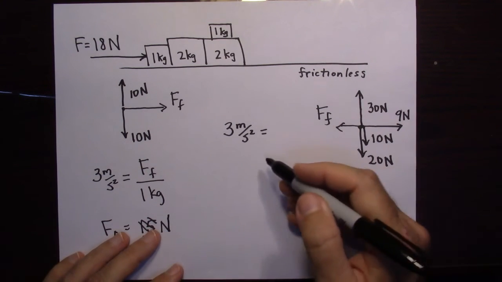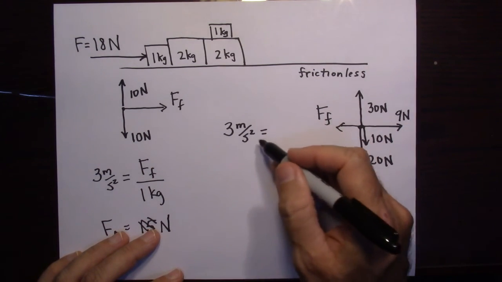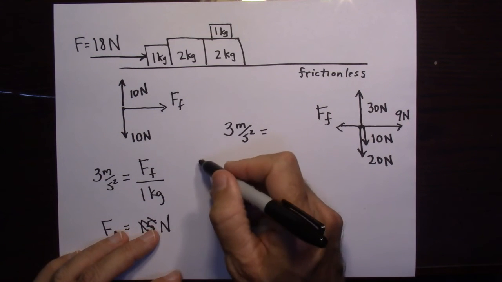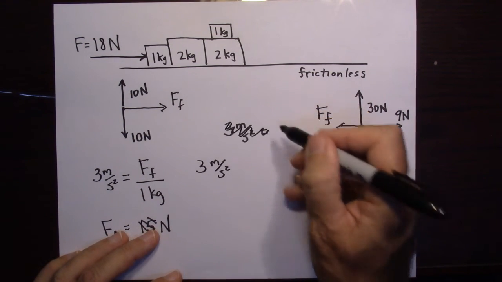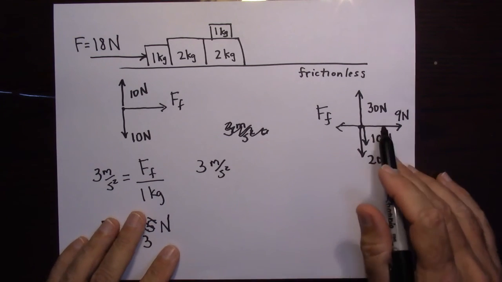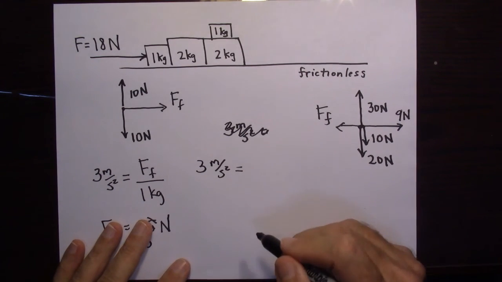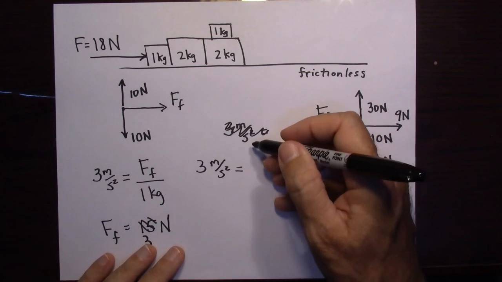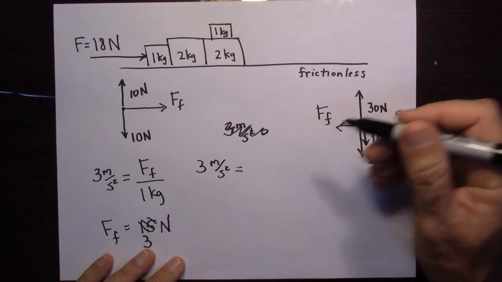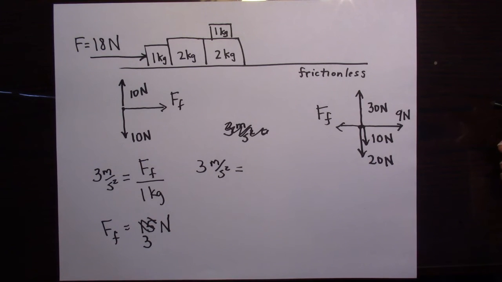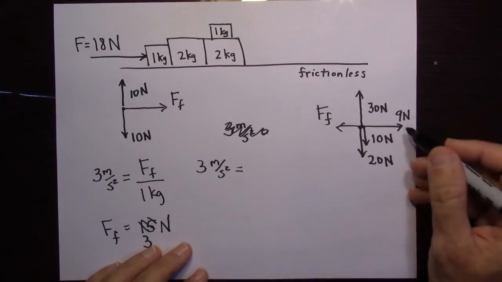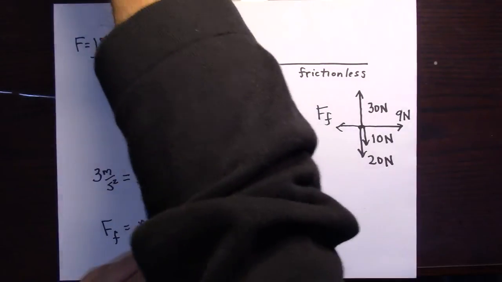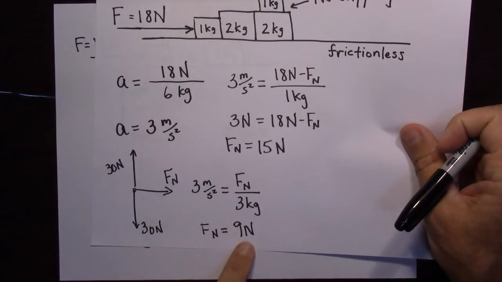So the 3 meters per second squared, I don't have enough room. Let's start over. 3 meters per second squared is equal to 9 newtons. I got that wrong. Is it 9 or is it 15 newtons? Yeah, it's 9 newtons. It is 9 newtons from this part of the problem.